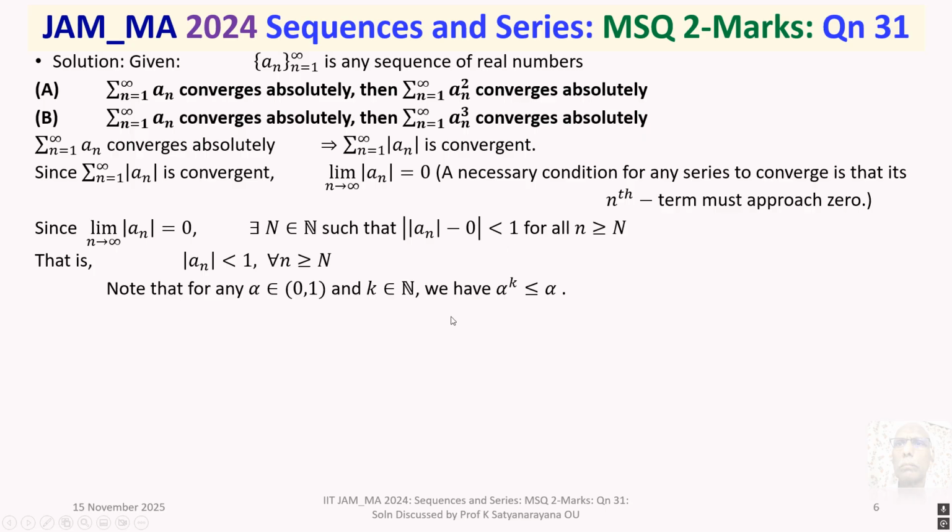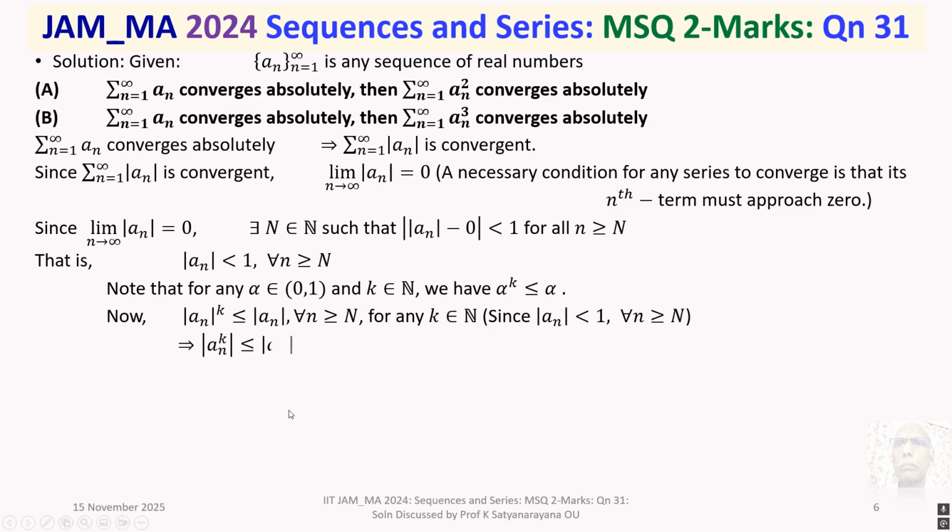We have alpha to the power of k less than or equal to alpha. So apply this here. Now mod an to the power of k is less than or equal to mod an for all n greater than or equal to capital N for any fixed finite natural number k. Why does this happen? This happens because mod an is less than 1 for all n greater than or equal to capital N.